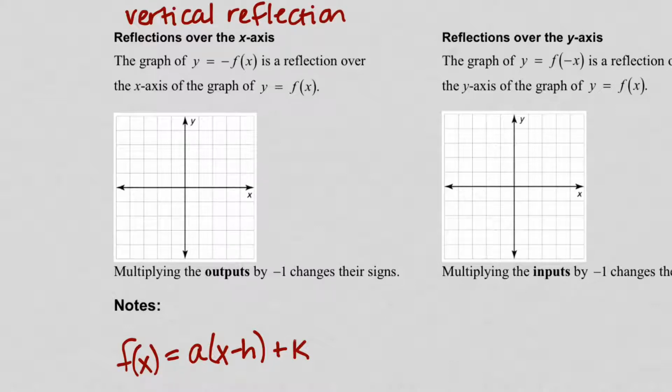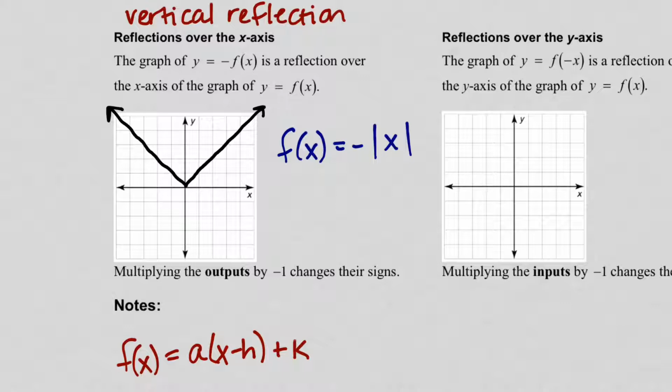All right, so if I draw the parent function, and then I want to draw the function f of x when I have a negative absolute value of x. The only thing that does, instead of having a slope of 1, it's saying my slope is negative 1, so I go down 1 over 1.